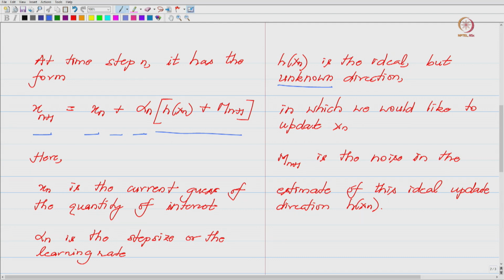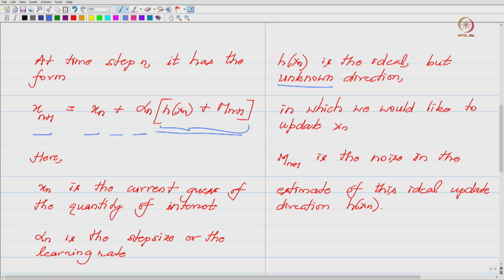However, we will soon see there are several scenarios where we do not have access to this ideal update direction. In such scenarios, we instead have access to a noisy approximation of this ideal update direction.